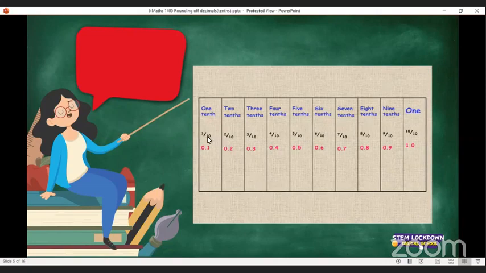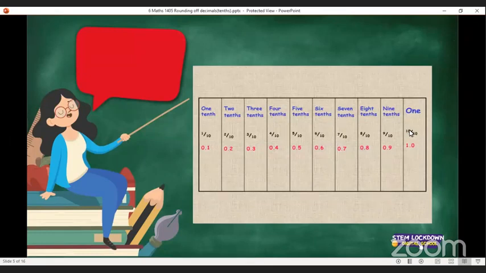So as we have said, 1/10 represents 0.1, right? And then the second one is 0.2, still less than 1, 0.3, 0.4, 0.5, 0.6, 0.7, 0.8, 0.9, and you have a whole number here, which is 10/10.